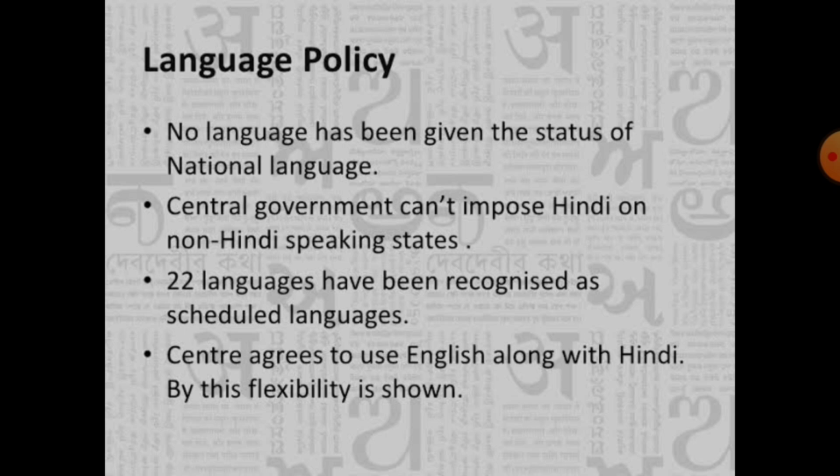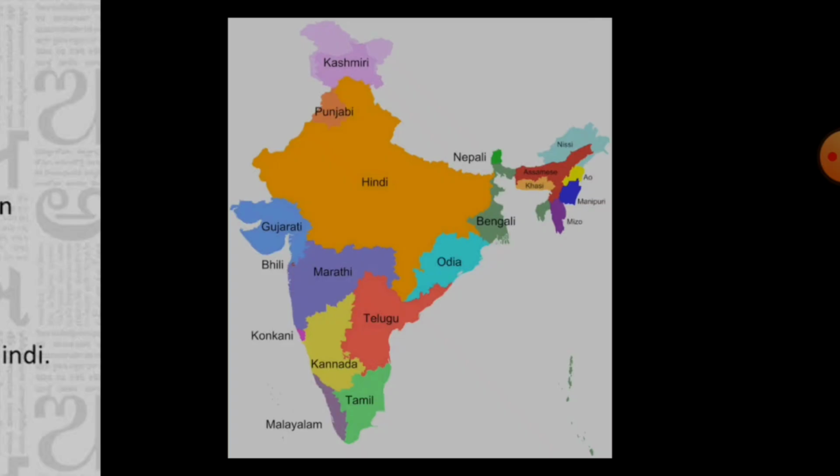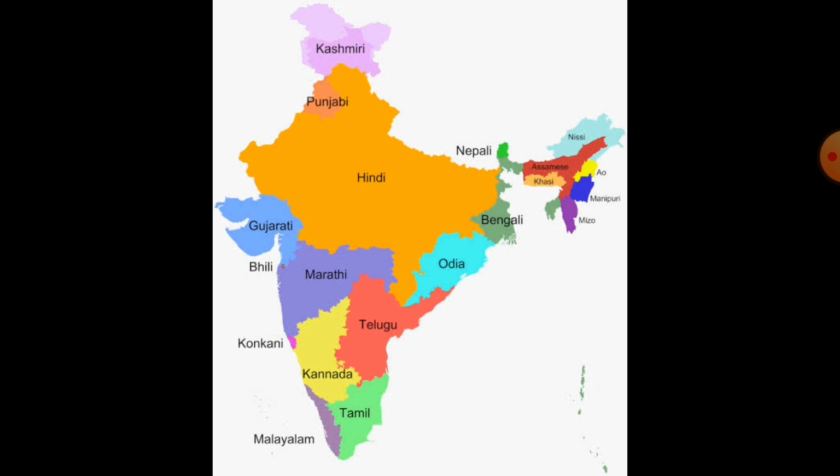In Tamil Nadu, in our own state, this movement took a violent form. So finally, the central government had to respond by agreeing to continue the use of English along with Hindi for official purposes. And still, the government of India tries to promote Hindi as the official policy. However, the central government cannot impose Hindi on those states where people speak a different language.